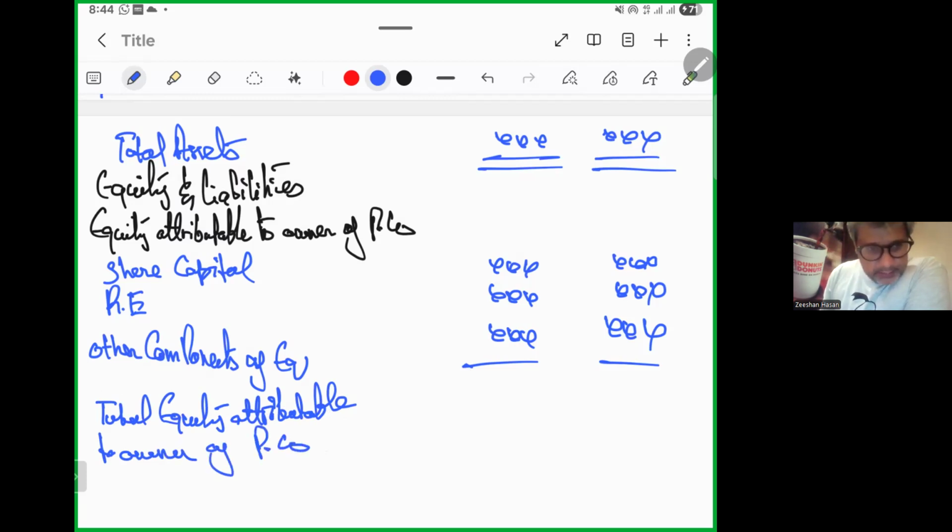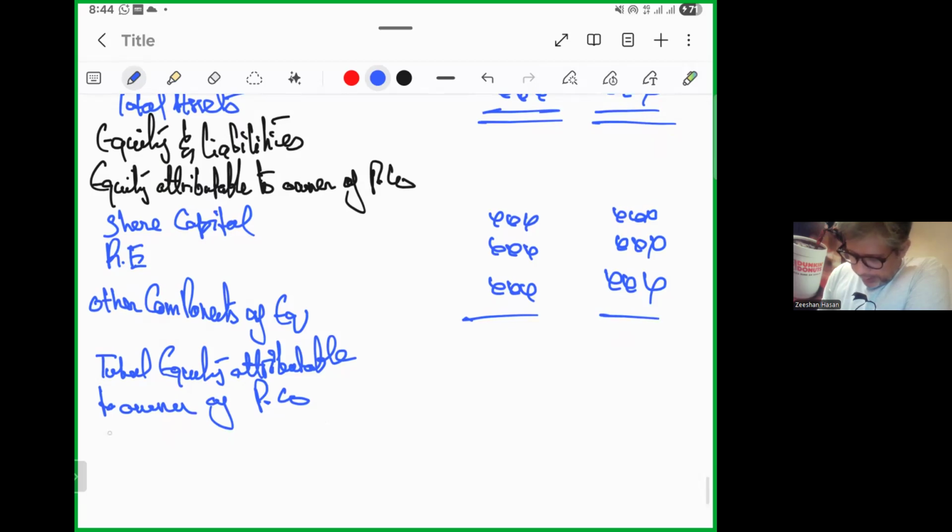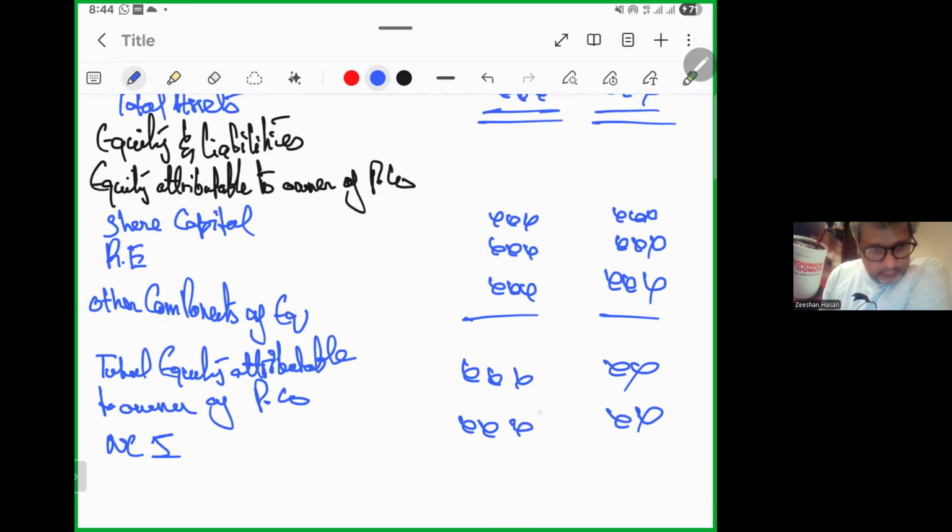Then NCI, if there is any, non-controlling interest, and there we go, that's the total of it.